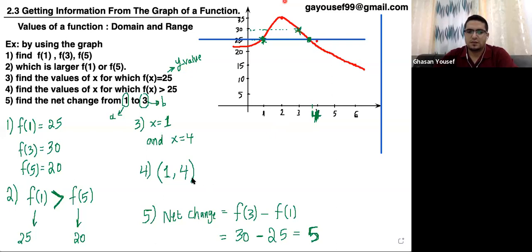So the answer will include the 1 and 4. If we have greater than or equal, this means we have to include the 1 and 4. The same thing, but including the 1 and 4. This is the answer.